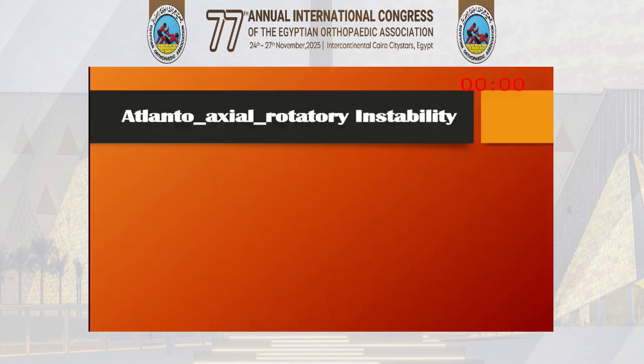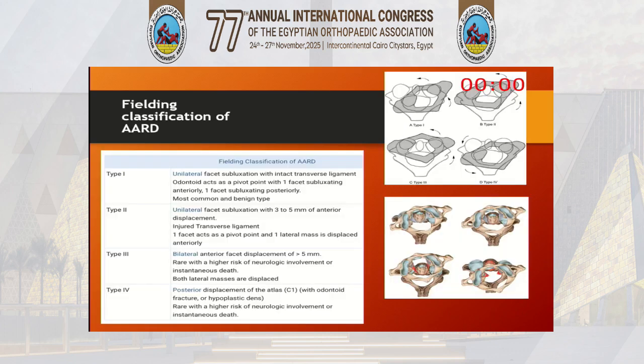The atlantoaxial rotatory instability, classified by Fielding, has type 1, type 2, type 3, type 4. Type 1 is rotation without anterior displacement, with anterior and posterior right or left subluxation.